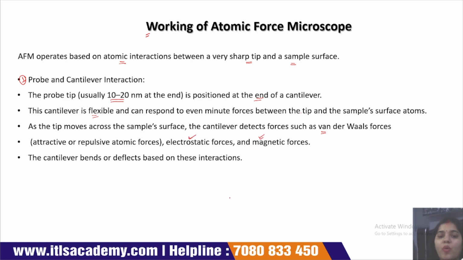Whenever the tip is moved on the surface of the sample, the cantilever can measure van der Waals force, attraction and repulsion force, electrostatic force, and magnetic force. The cantilever bends and deflects based on these interactions. This is the first step.